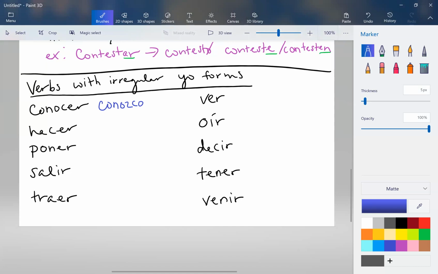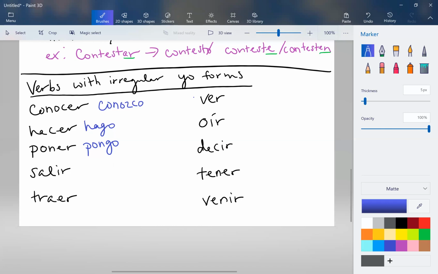And for hacer, we would have hago. For poner, we would have pongo. Except for ver, the rest of these are what we call go verbs, like hago and pongo.